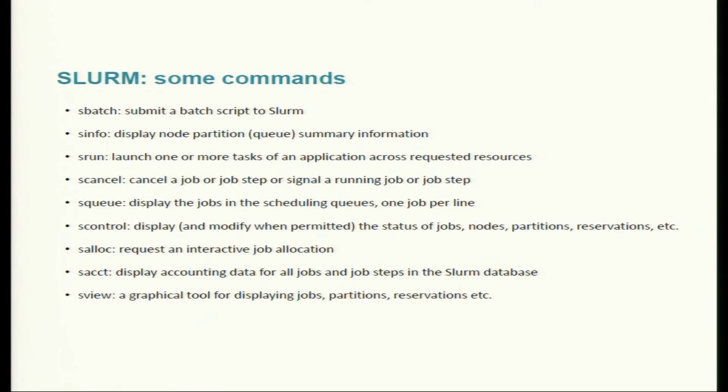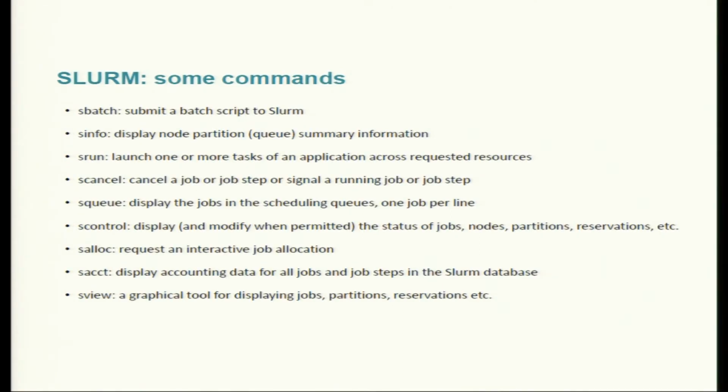When we use srun, it will be integrated with our MPI implementations. So we'll directly use srun, and that would spawn our job. scancel is used to cancel our jobs, and job ID is the input to it.